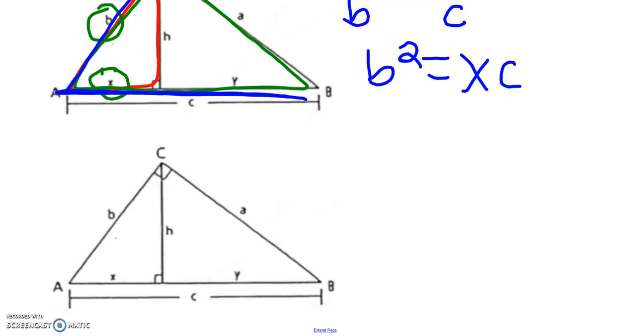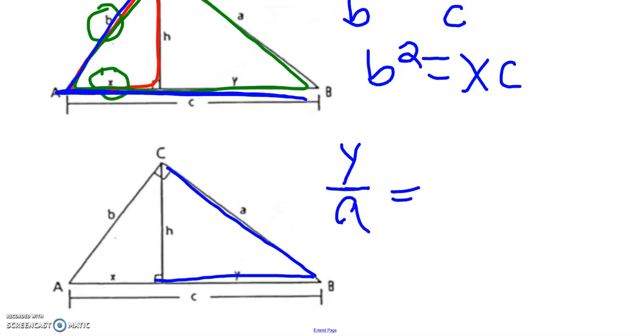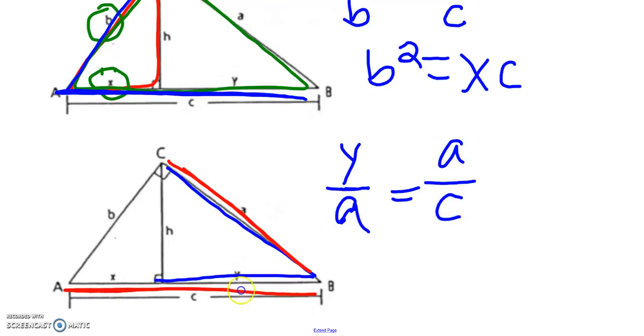So we have our smaller leg y right here over our smaller hypotenuse, so the hypotenuse of the smaller triangle, a, equals the big leg, which is still a, because this is the big leg of our big triangle, over the big hypotenuse c, which we know simplifies to a squared equals y times c. So again, a is the mean proportional between y and c.